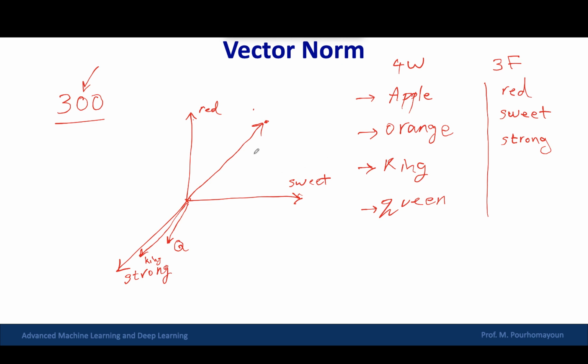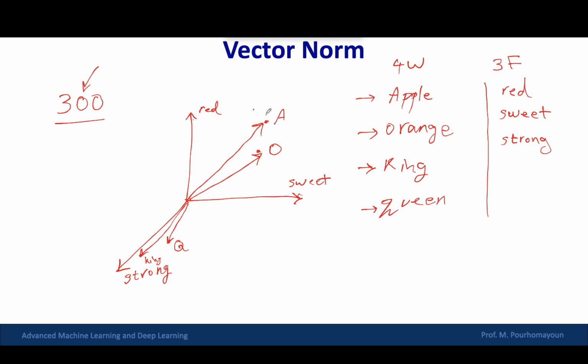Maybe it's less red compared to apple and less sweet. So this guy will be apple, this will be orange. Okay, so you can show all of the English words using these 3 features in the 3-dimensional space, and give values to that.